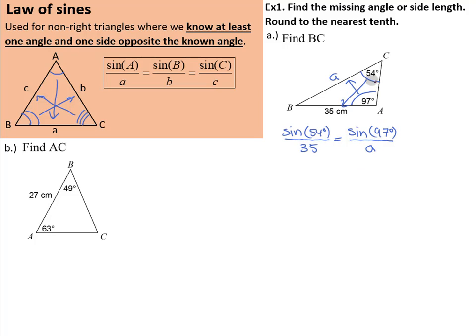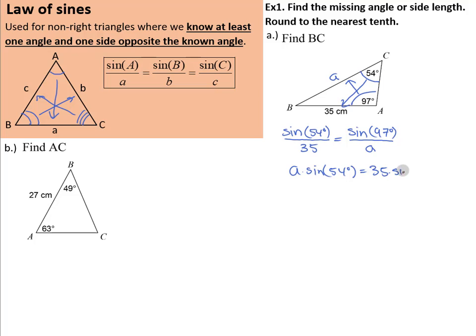Like those ratios, the sine of my angle over its opposite side will equal the sine of any other angle in my triangle to its opposite side, as long as we stay within one triangle. So as you can see, we essentially have a proportion here, and we're just going to cross multiply. So A times the sine of 54 equals 35 times the sine of 97 degrees.